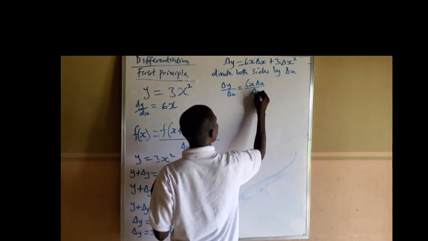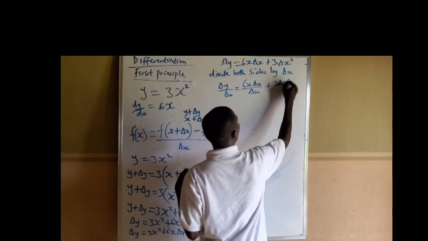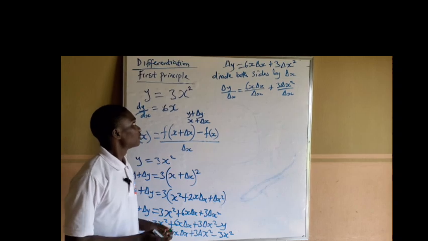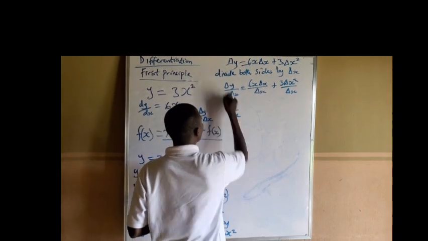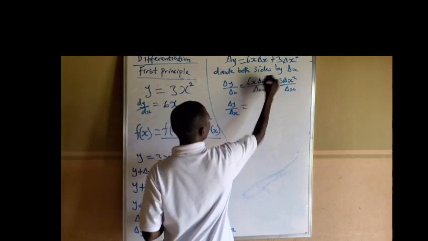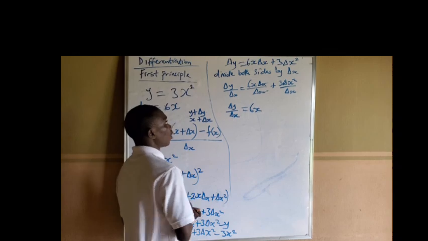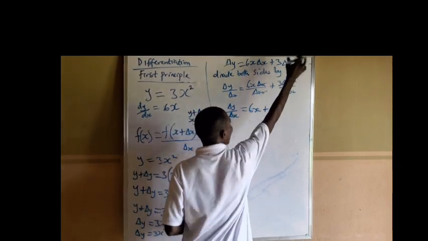So we have change in y over change in x equals 6x change in x over change in x plus 3 change in x squared over change in x. I hope we are getting it. So change in y over change in x equals, this change in x cancels this, and we are left with 6x. Here we have 3 change in x squared.